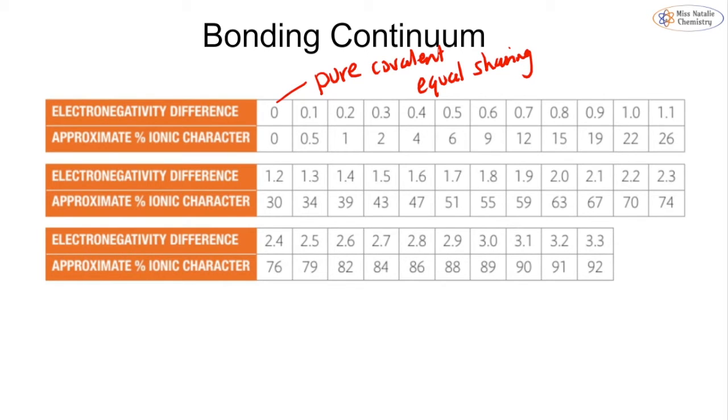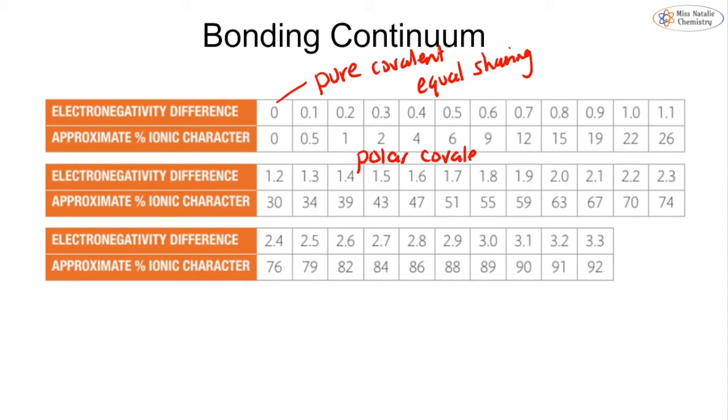And we're looking at this in terms of percentage of approximate ionic character. So if we have equal sharing, we have no ionic character. They are perfectly covalent. As we start to increase the electronegativity difference, you can see that the percentage of ionic character starts to increase. And these then become our polar bonds.